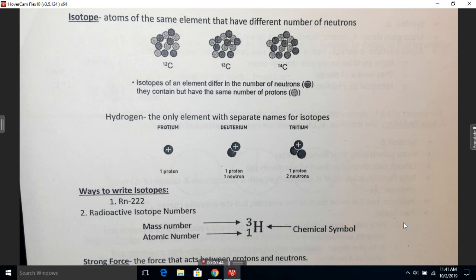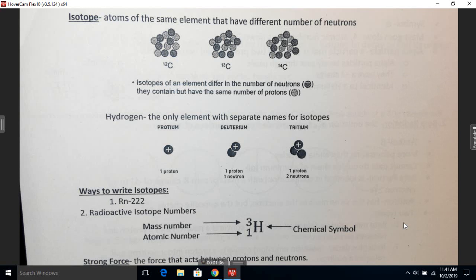Okay. How do we find the number of neutrons? Atomic mass minus atomic number. Where's the mass? The bottom number. Atomic number's at the top. So everybody's cool with that.